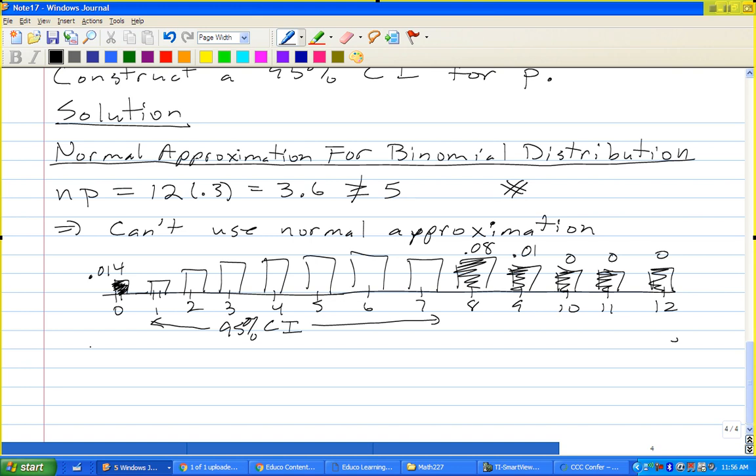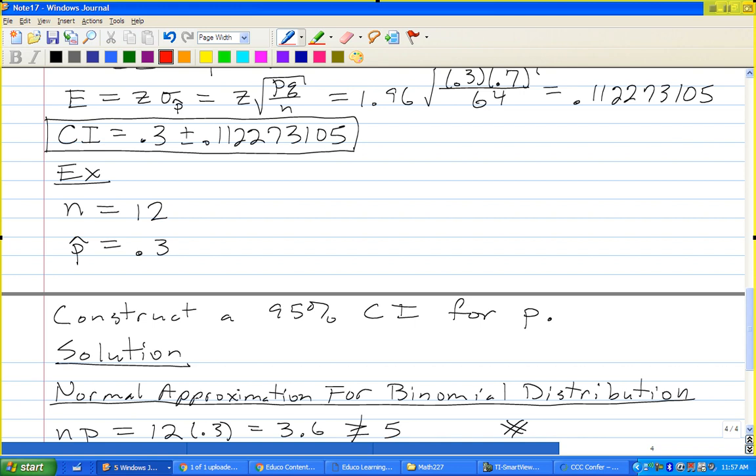And so my confidence interval, let's do it with the inequalities, is between 0 and 8. I don't want to do it for the binomial random variable. I want to do it for the sampling distribution. So let's divide each of these numbers here by 12, because n is 12.